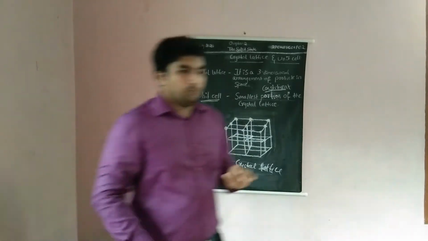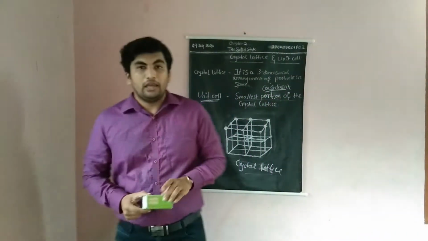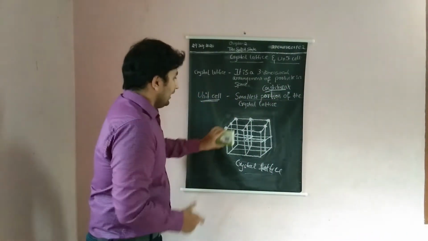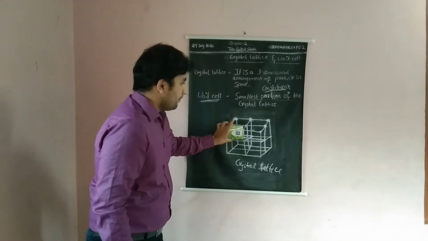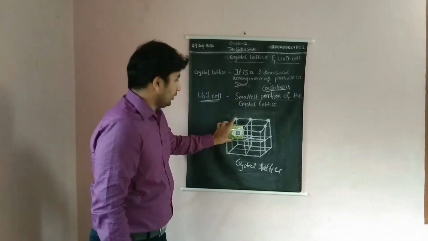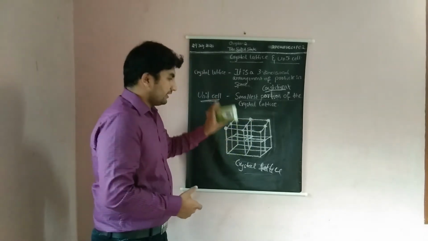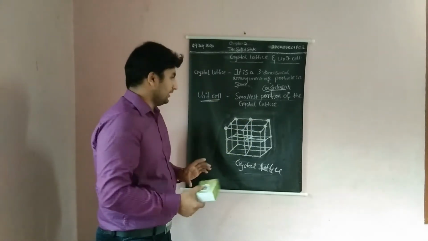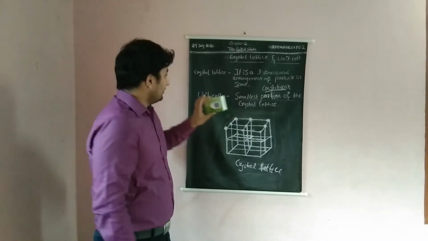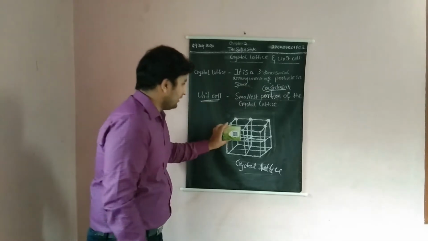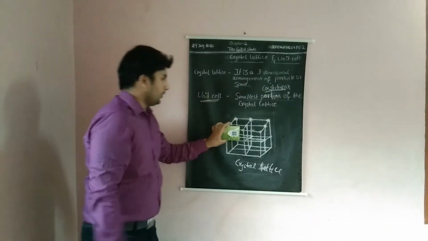I will explain with a model. You have to assume this is an arrangement of constituent particles in space. I don't have a crystal lattice model, that's why I am using this box, considering this as the unit cell. I will explain with this one later.